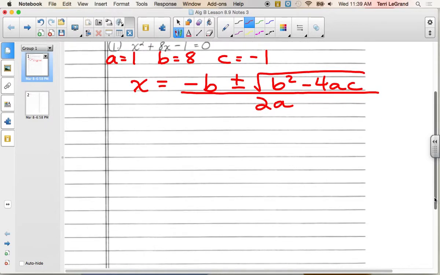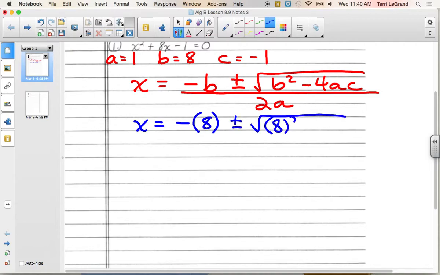I kept catching people with this yesterday, so let's just get on board here. Everything we substitute in, let's just put it in parentheses. So that negative sign is part of the formula. Our B value is 8. We'll put that in parentheses. Add and subtract the square root of 8, going in parentheses because we're subbing it in.